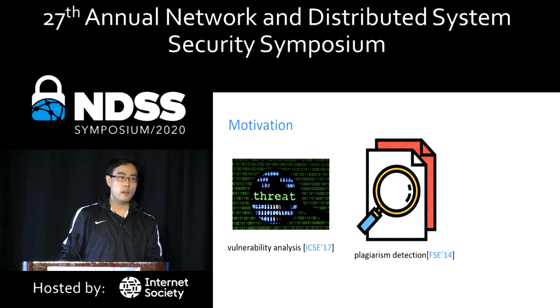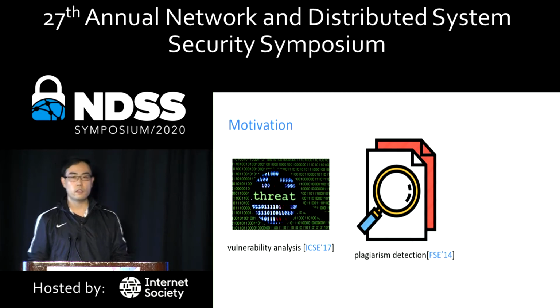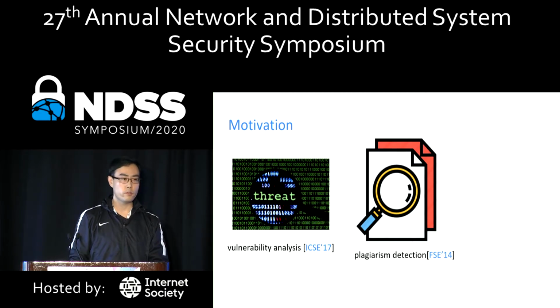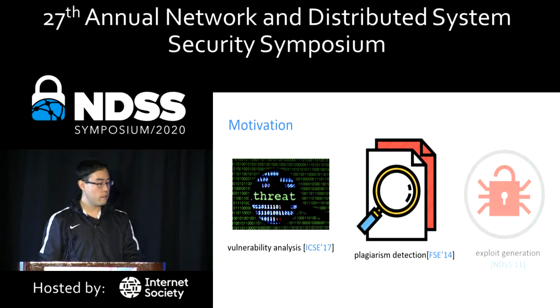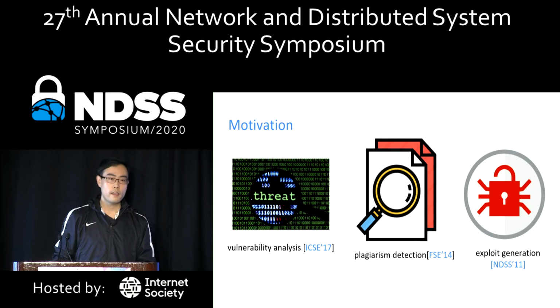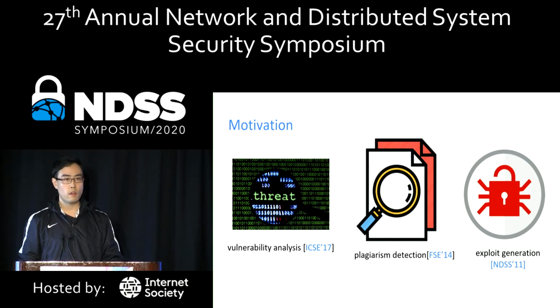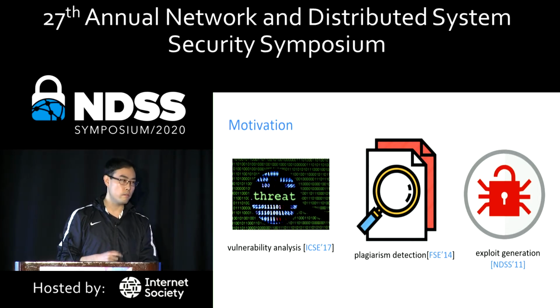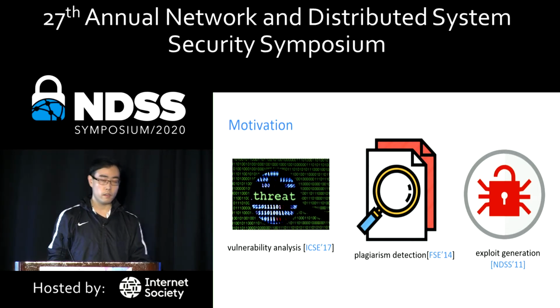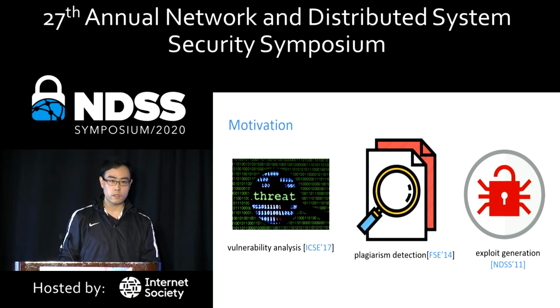For example, you can compare the binaries that you believe are plagiarized with the original binary, and then you get solid proof if plagiarism actually happened. And third, I consider it a really interesting application in that you can generate exploits based on the vulnerability information you extract using binary diffing. There was one paper talking about this automatic exploit generation.